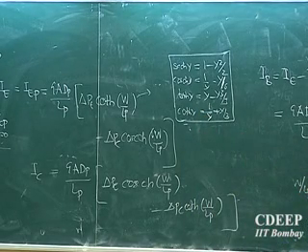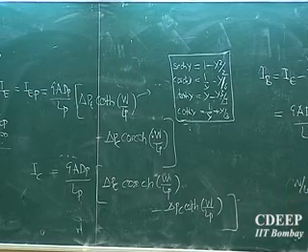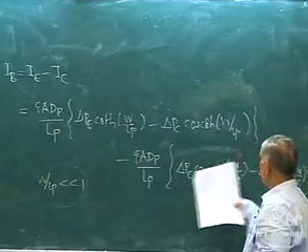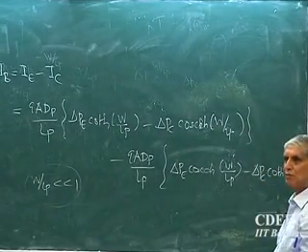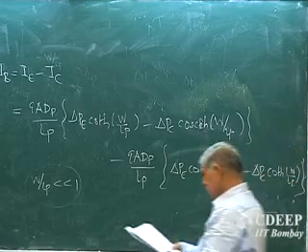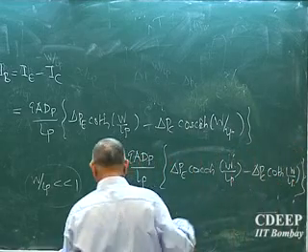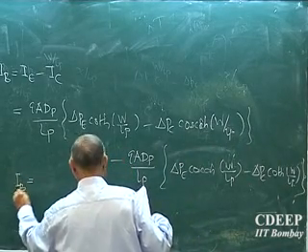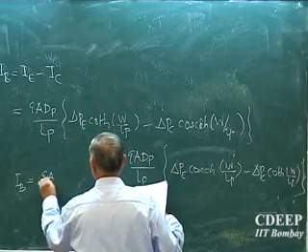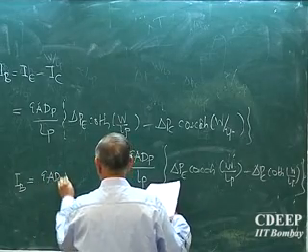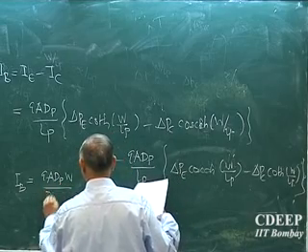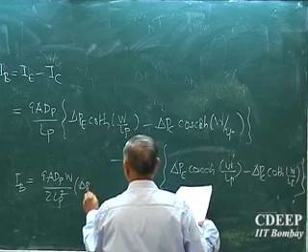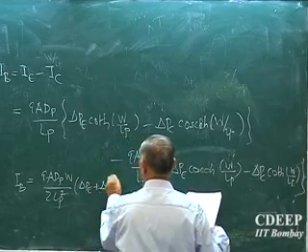If I use this y much smaller than 1, I can get rid of these coth and cosech terms in terms of W by LP, which I did, and the expression which I get now, which you can verify yourself, IB is equal to QA dP W by 2LP square into delta PE plus delta PC.